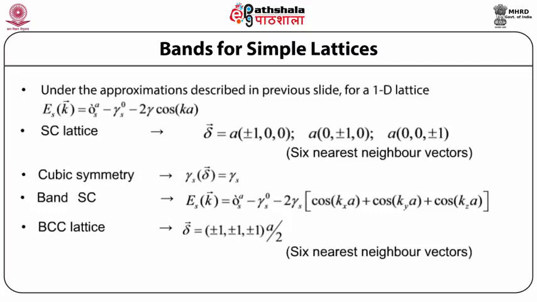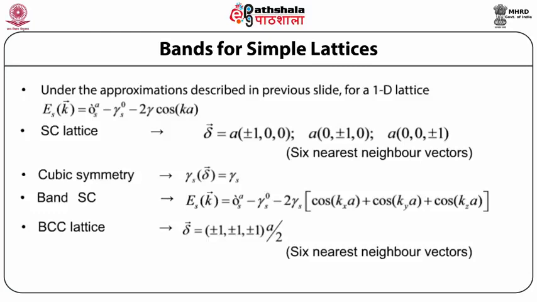Now note here that this equation is different from the previous equation in the following way: the third part of this equation, minus 2 gamma S, in the earlier case was minus 2 gamma into cos Ka. But here now we have minus 2 gamma S multiplied by cos Kxa plus cos Kya plus cos Kza.